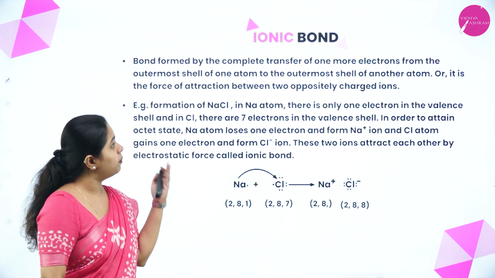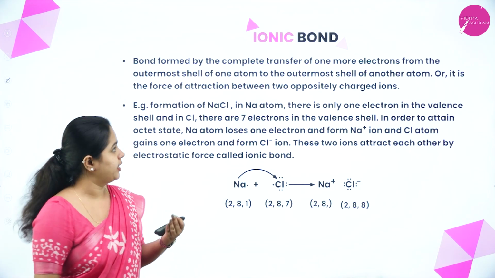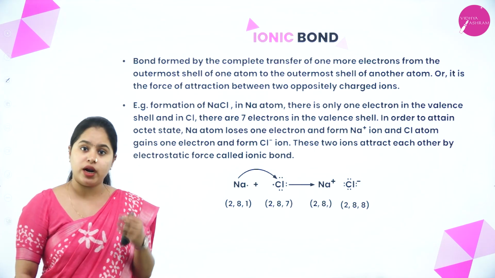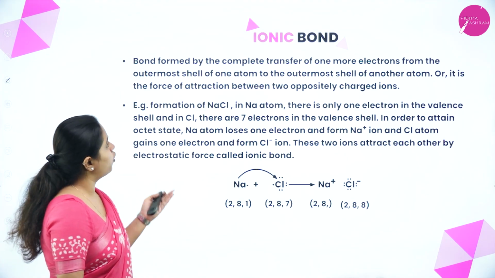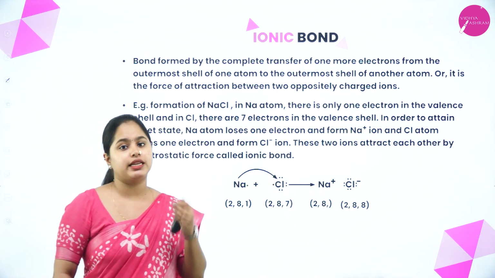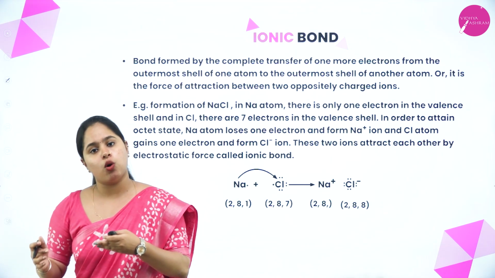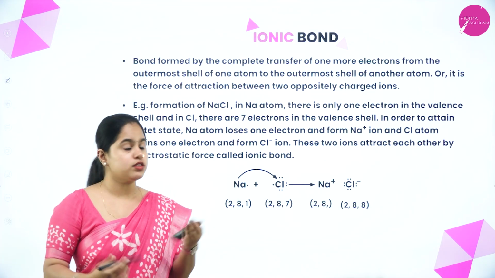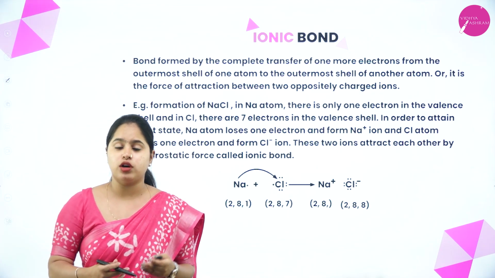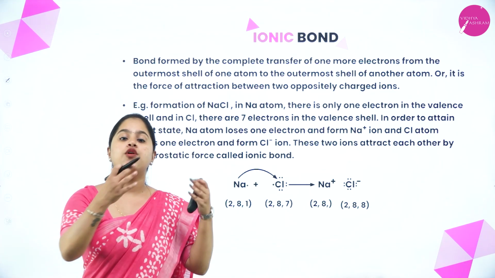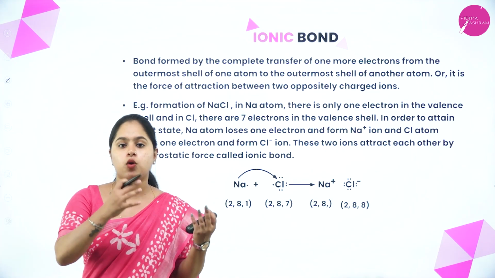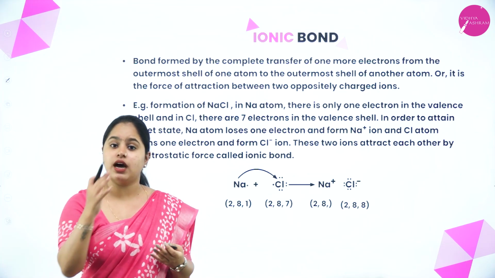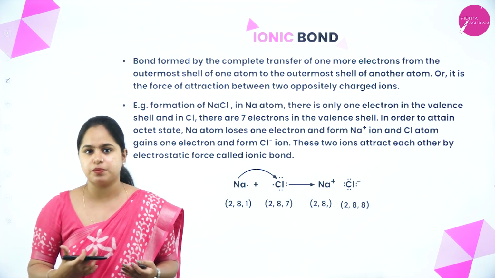Bond formed by the complete transfer of one or more electrons from the outermost shell of one atom to the outermost shell of another atom, or it is the force of attraction between two oppositely charged ions. In the case of covalent bond, it was sharing of electrons, but in the case of ionic bond, it is the transfer of electrons from one atom to another atom. So, one atom will only be transferring the electrons. The other atom will only be accepting the electrons.